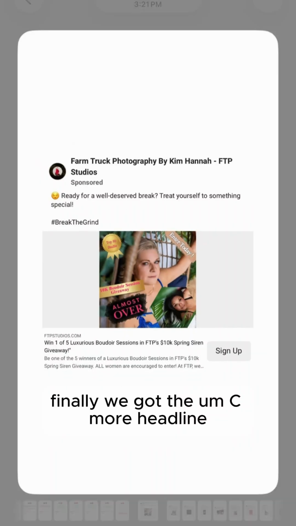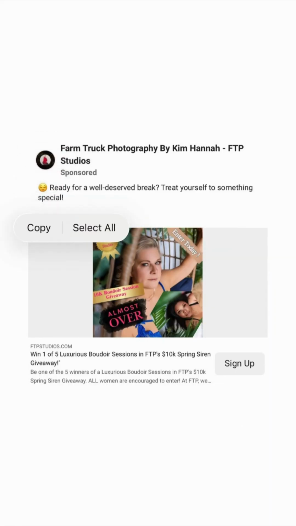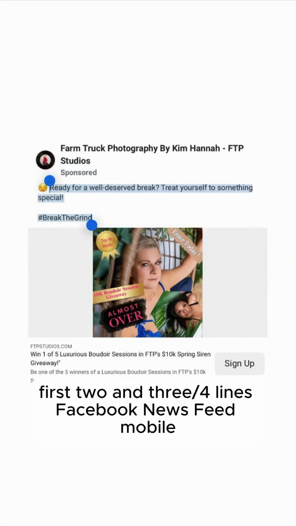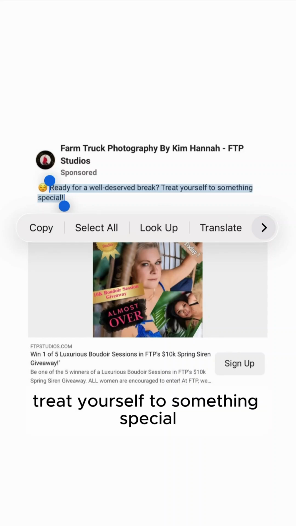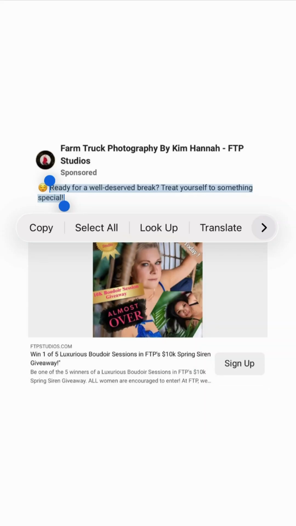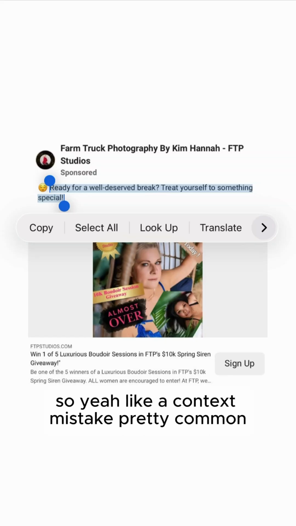Finally, we got the see more headline. Let's see what we got here. First 2 and 3/4 lines, Facebook newsfeed mobile. Ready for a well-deserved break. Treat yourself to something special. All right, so yeah, we got maybe like half. We got half a context point here. So yeah, lack of context mistake, pretty common.